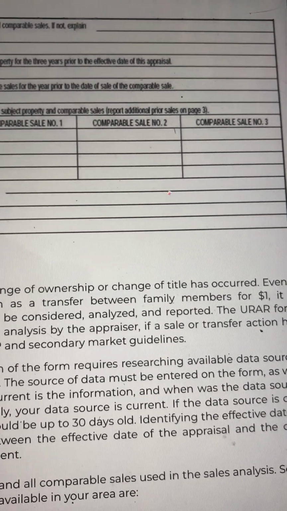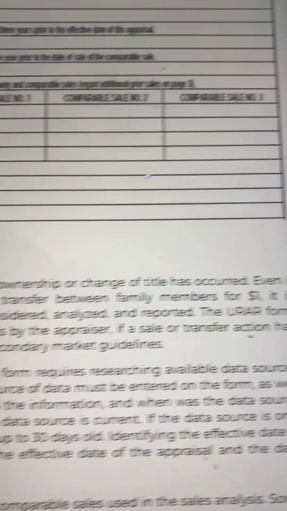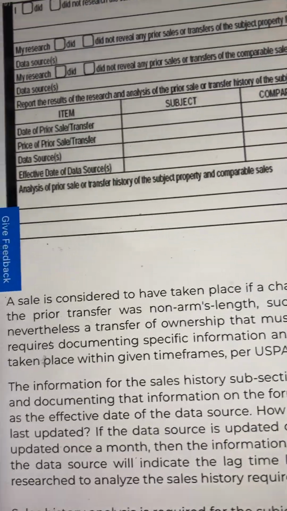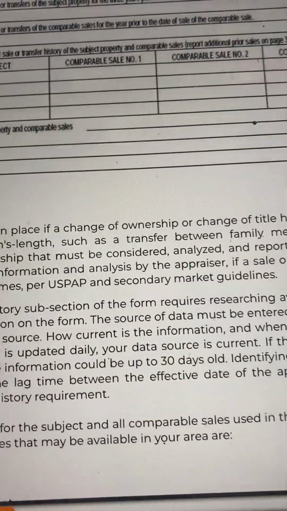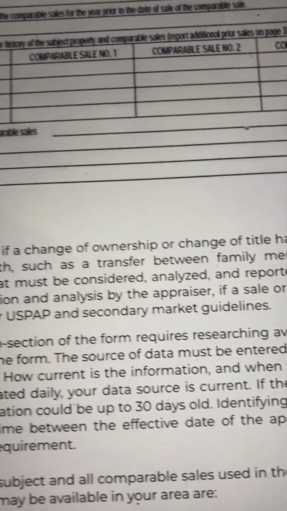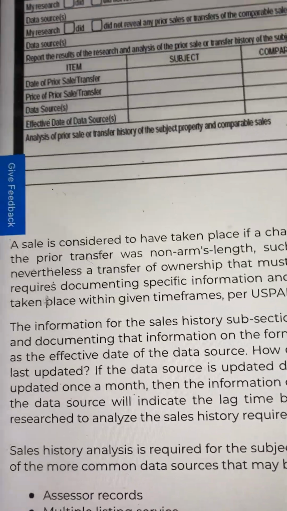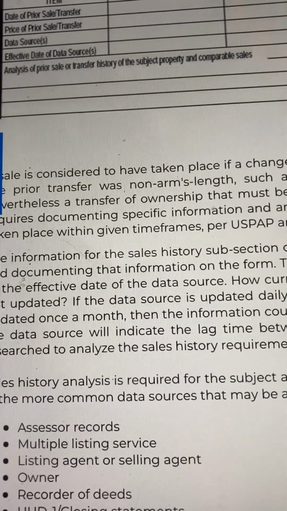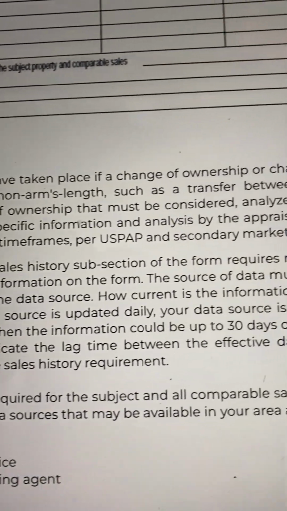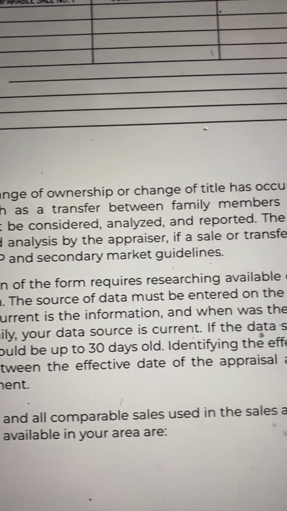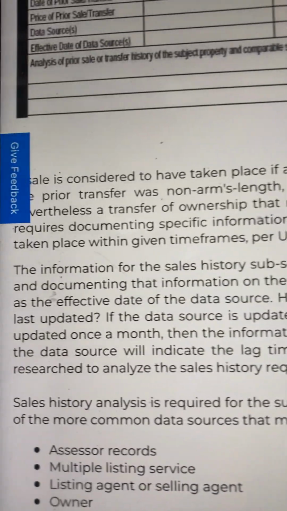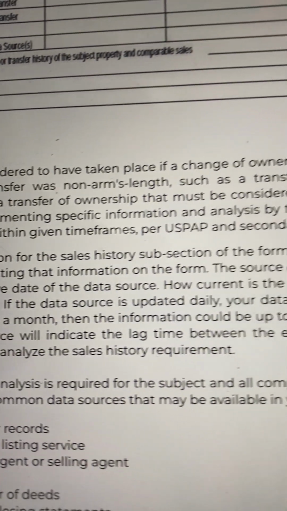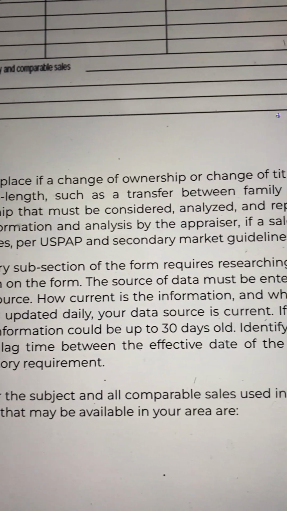If a sale or transfer action has taken place within given timeframes per USPAP and the secondary market guidelines, the information for the sales history subsection of the form requires researching available data sources and documenting that information on the form.